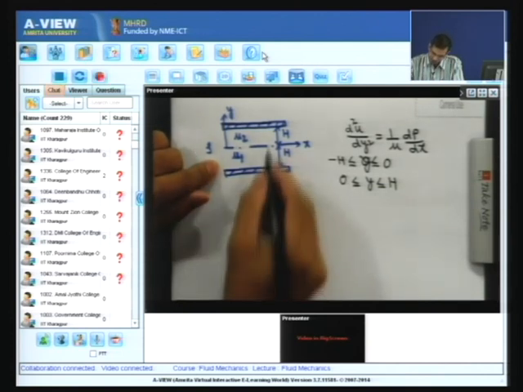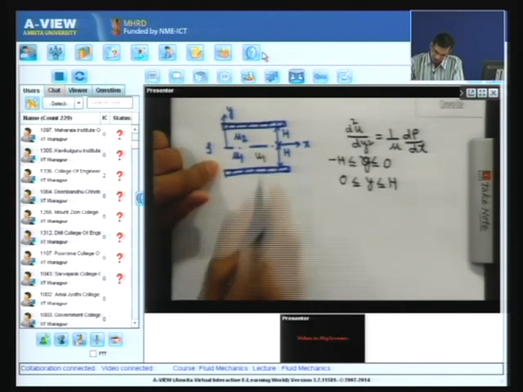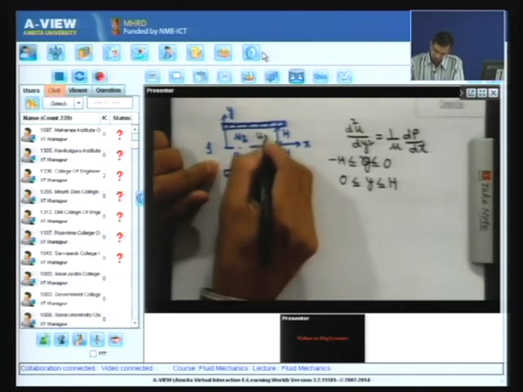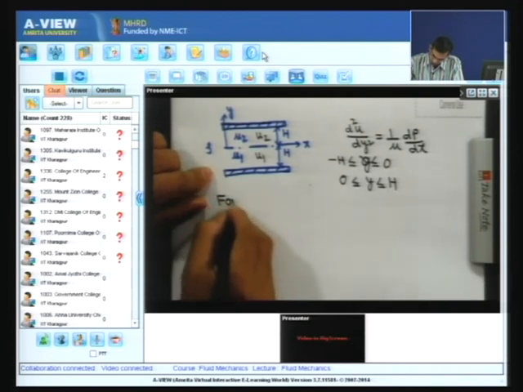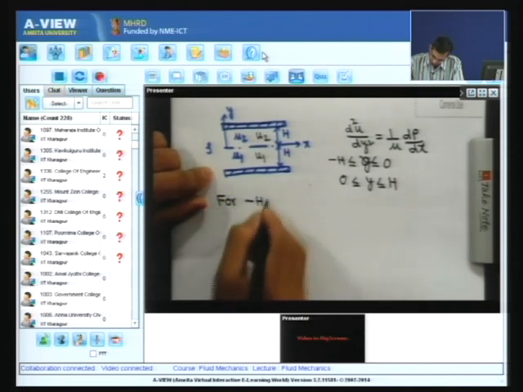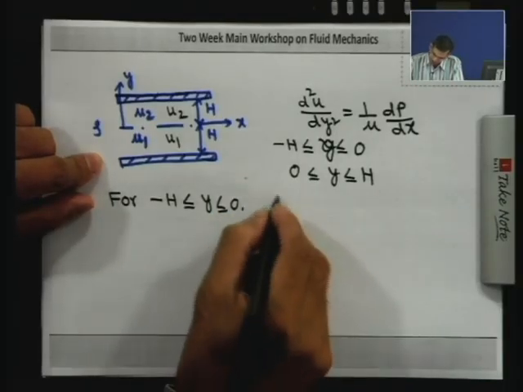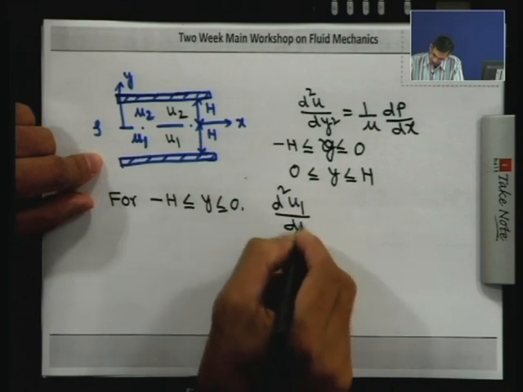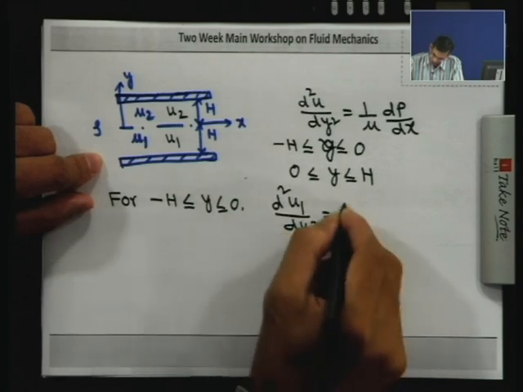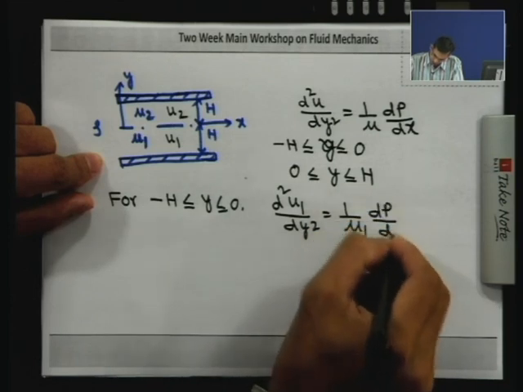Let us consider the velocity profile of the lower layer as u1 and that of the upper layer as u2. For the region from minus h to 0, we can write the governing equation as d2u1/dy2 = 1/mu1 dP/dx.